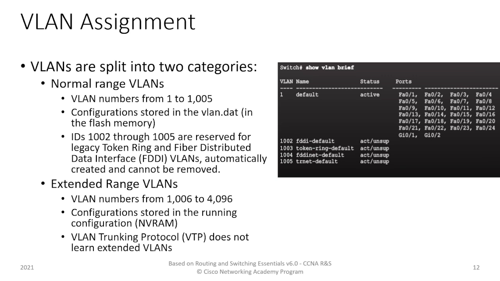When we go into a switch and do a show VLAN brief, we will see all the ports of the switch attached to the default VLAN 1. Again, that's the default configuration. In addition to that, VLAN IDs 1002 to 1005 are assigned to some other specific VLANs. Again, this is what we would have as our default configuration.